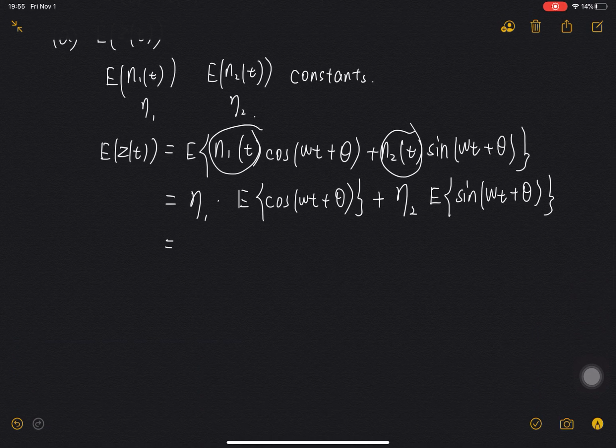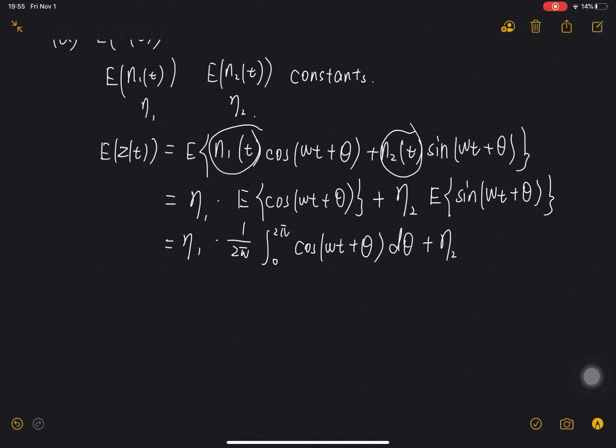And the next step is easy, because we just write this expectation in the previous form we see in the previous chapter, like this. It's the 1/2π integral from 0 to 2π of cosine(ωt + θ) dθ plus eta 2 times 1/2π integral from 0 to 2π of sine(ωt + θ) dθ, right?